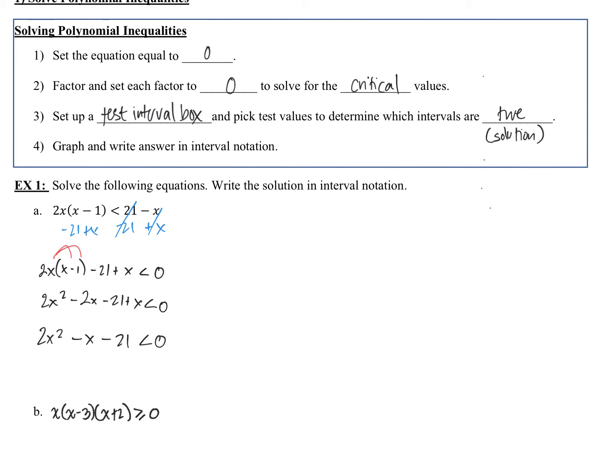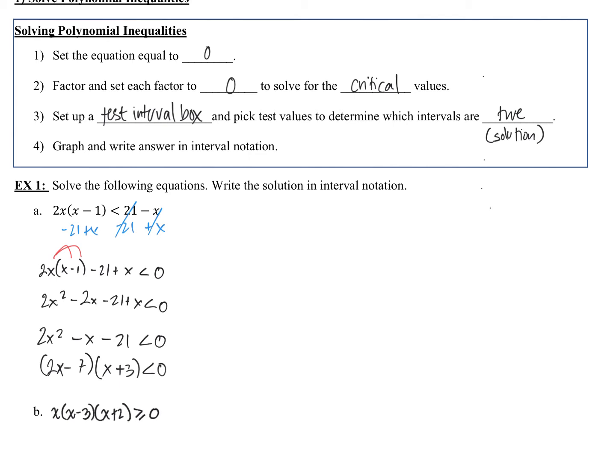Let's see, can I factor this? Looks like this will factor into 2x plus 7, and then x minus... No, it's going to be 2x minus 7, and then x plus 3. So 2x minus 7 and x plus 3 less than 0.